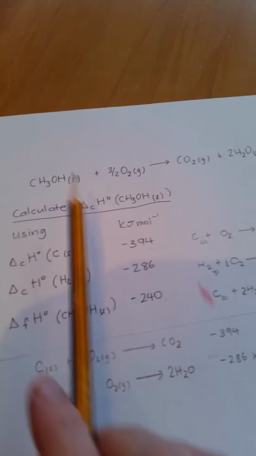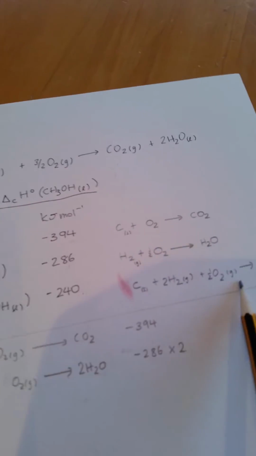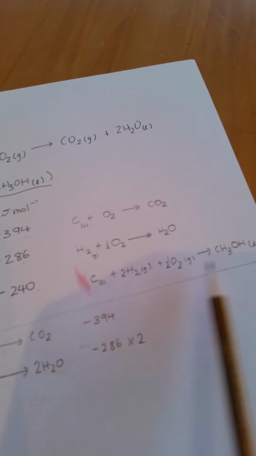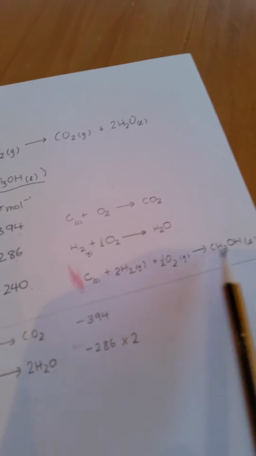And then we've got methanol on this side, but in our formation equation, methanol's on the other side. So we're going to reverse this equation. We're going to put this as the reactant and these as the products. So we'll do that.